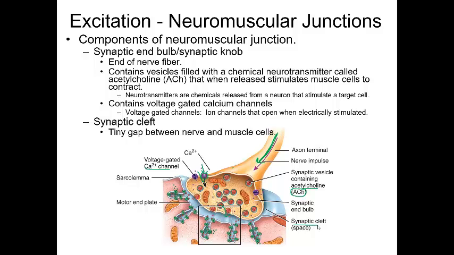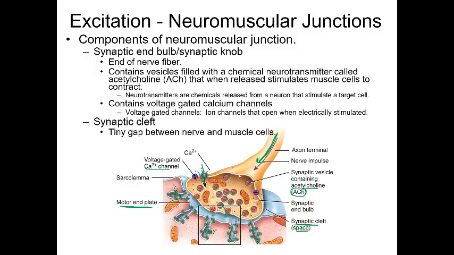The synaptic cleft is that little space, the junction between the neuron and the muscle fiber. And this plate on the muscle fiber is called the motor end plate. Is everybody with me so far?